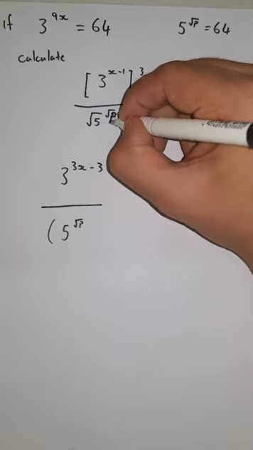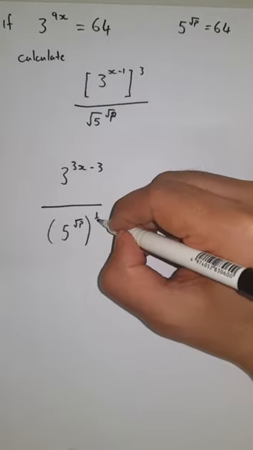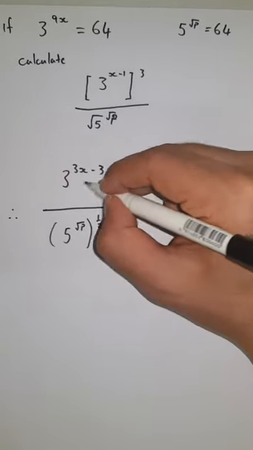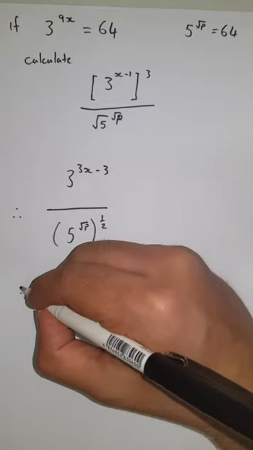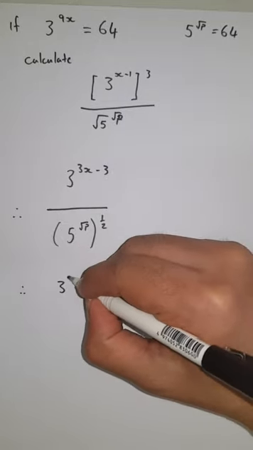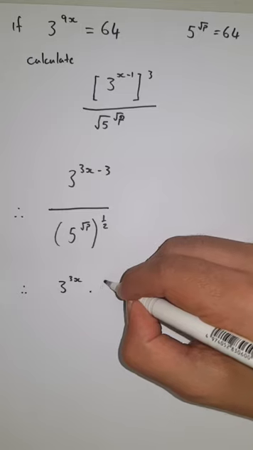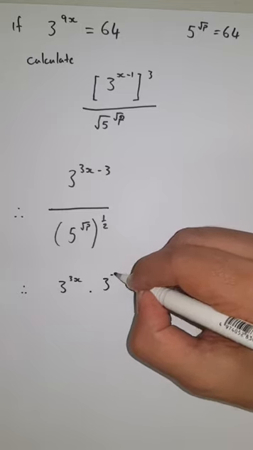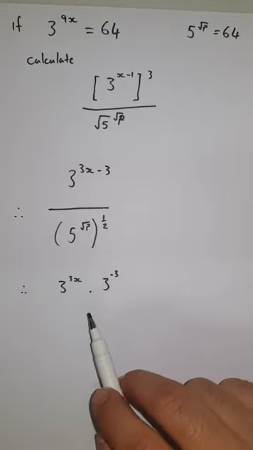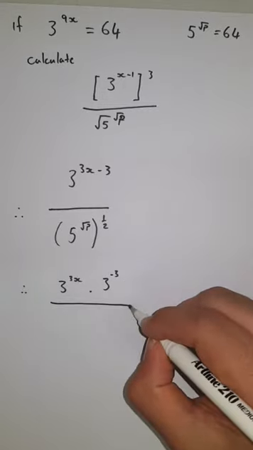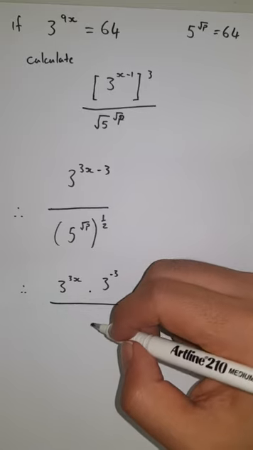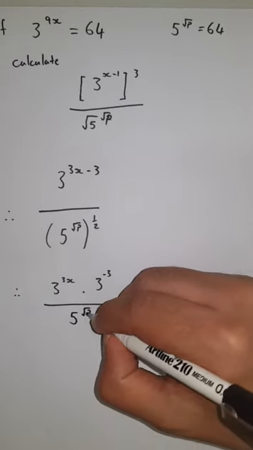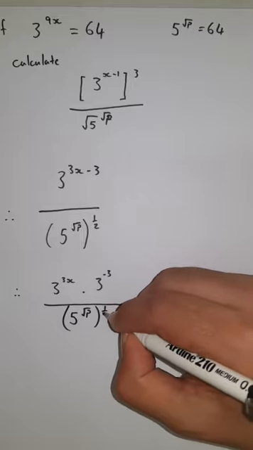Oh, that's a p to the exponent half. Now I can separate that as 3 to the 3x to the minus 3 over 5 to the root p all to the half.